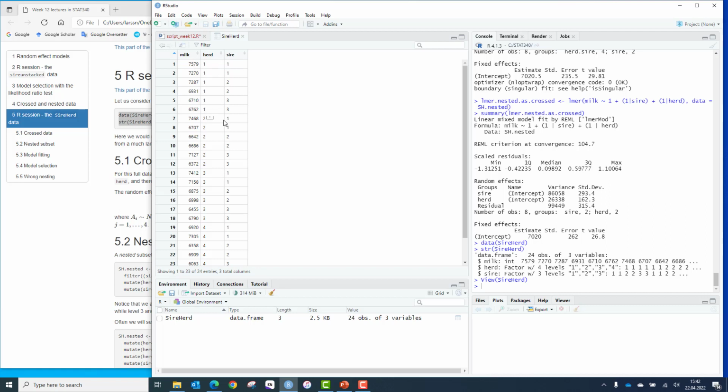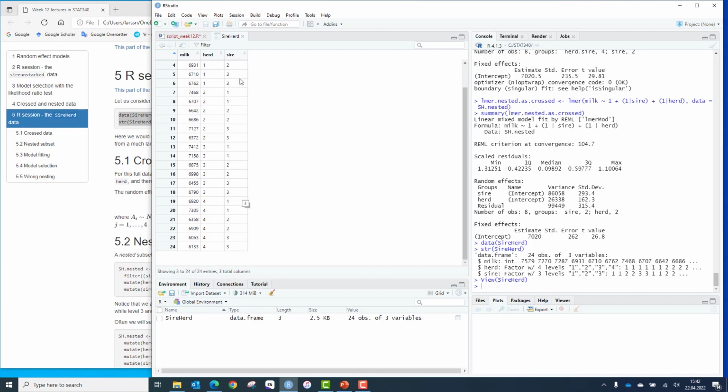And then the same 3 fathers are also fathers of 6 more cows living in another herd, also producing milk. And all in all, there are 4 herds, right?